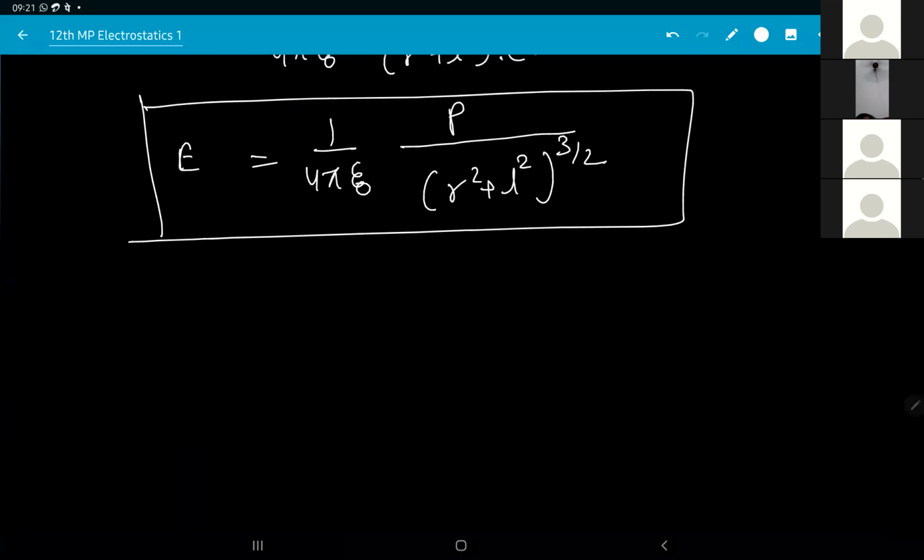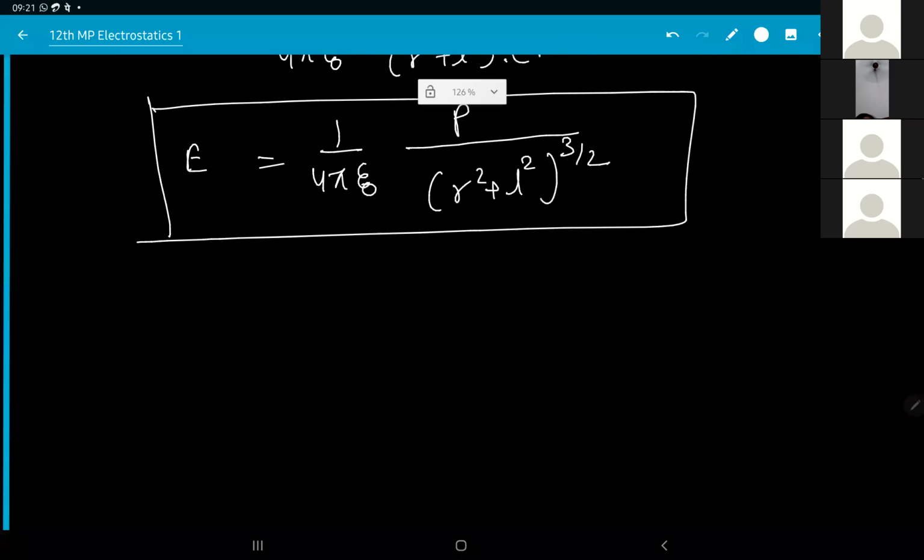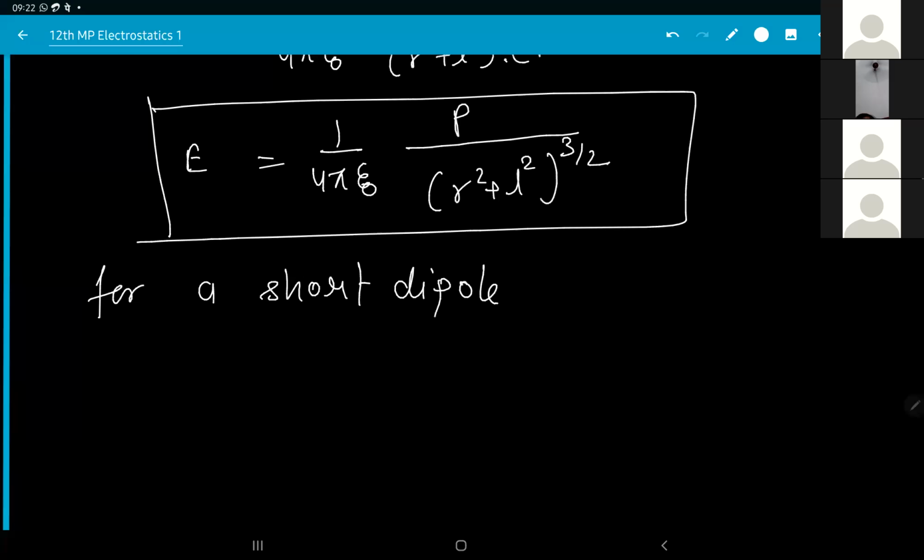But in board, you will be asked to calculate the electric field due to a short dipole. So for a short dipole, suppose this is the dipole and the point is somewhere here at a long distance.